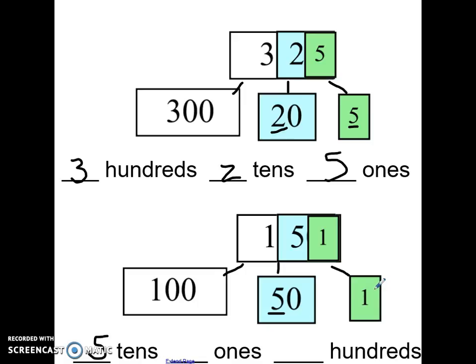So I'm going to go over to my ones, and I have 1 one, so I'm going to write a 1 on the line. And last, they want my hundreds. So I go over to my 100, and I have 1 hundred, so I'm going to write 1 on the line. So my unit form for this number is 5 tens, 1 one, and 1 hundred.